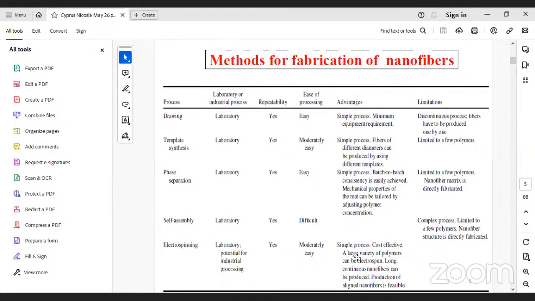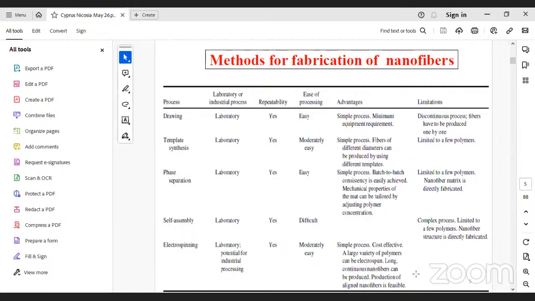Then the advantages: a simple process, very cost effective, and a large variety of polymers can be electrospun, including natural polymers. More than 30 natural polymers can be utilized for the fabrication of these nanofibers, with doping of metal and metal oxide, or decoration, over the surface. Production of aligned nanofibers is also feasible. These are the advantages.